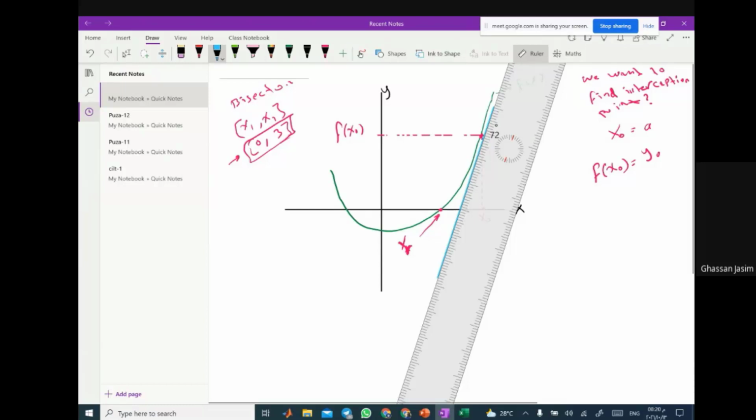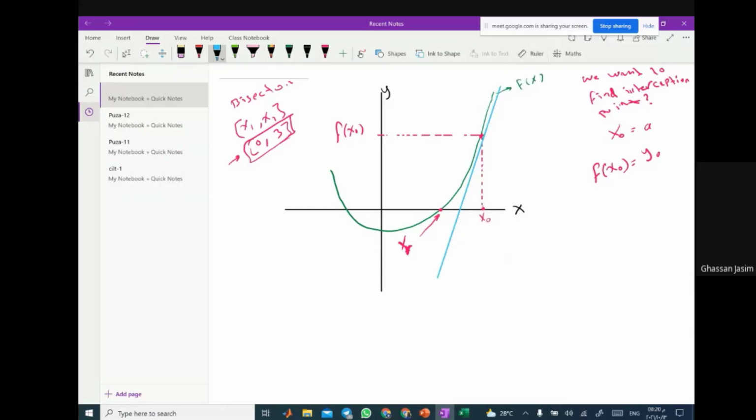Suppose it touches the curve at this point.